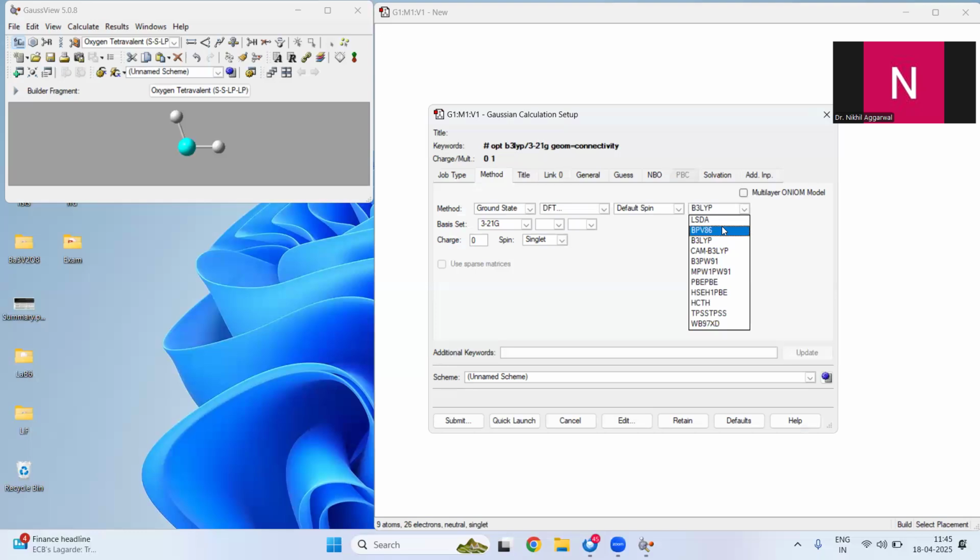Like the way to draw the molecular orbital shape, you have functionals. Functionals are the mathematical functions which define the shape of the molecular orbital. And why we are using them, because the shape of each and every molecular orbital differs from each other. Is the meaning of functional clear to all of you?